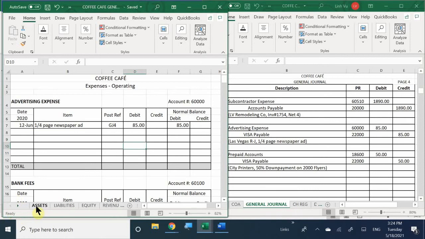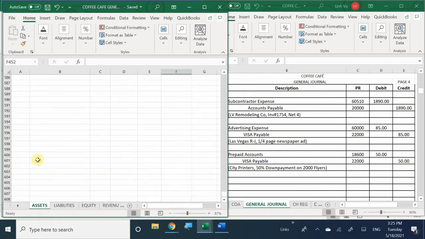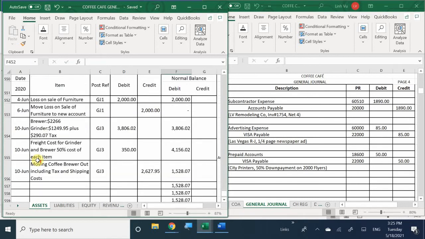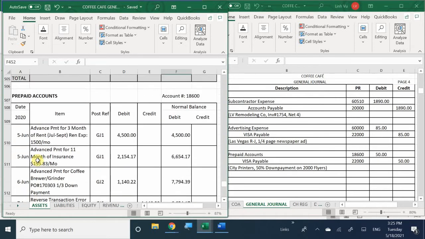You could do Visa payable first, it doesn't matter. But in this case, I'm just going to go in exact order. So I'm going to go to my assets first and locate my prepaid accounts. Here we are.